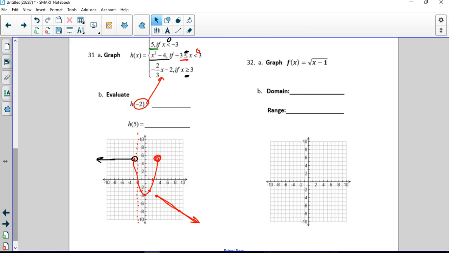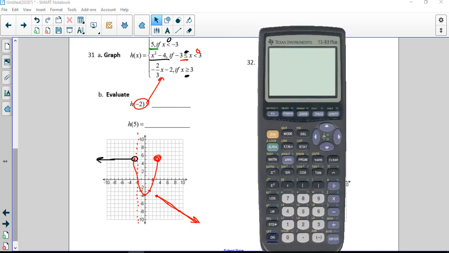But since it's kind of nasty, why not use our calculator? We know this is our parabola. So let's look at negative 2. Let the calculator do the work.